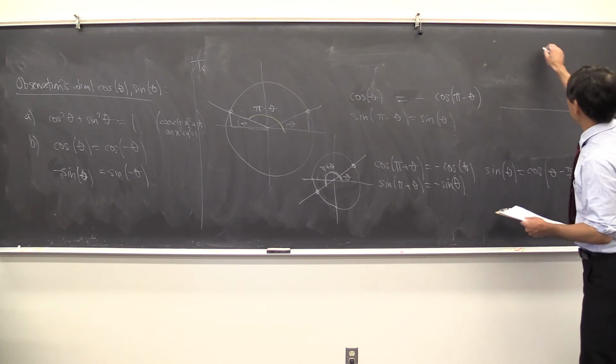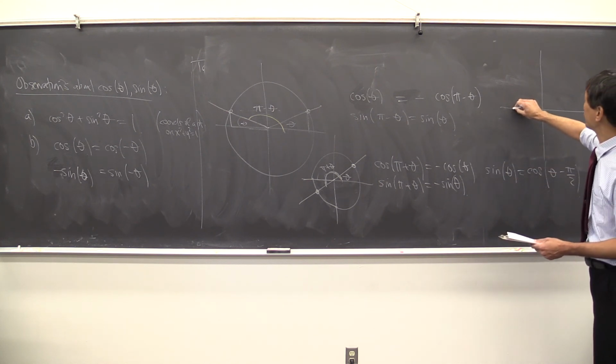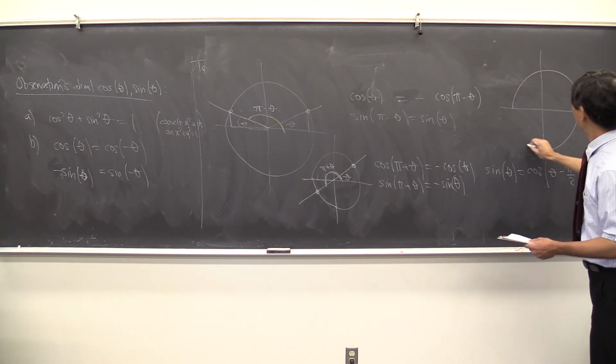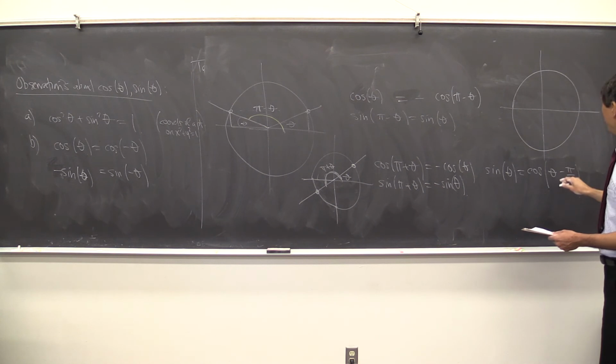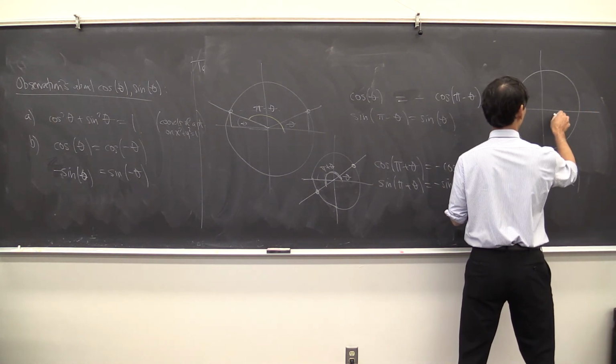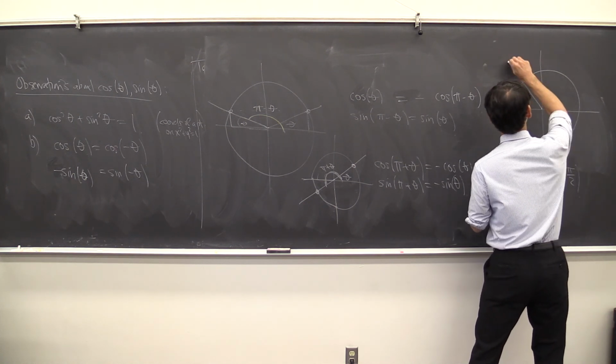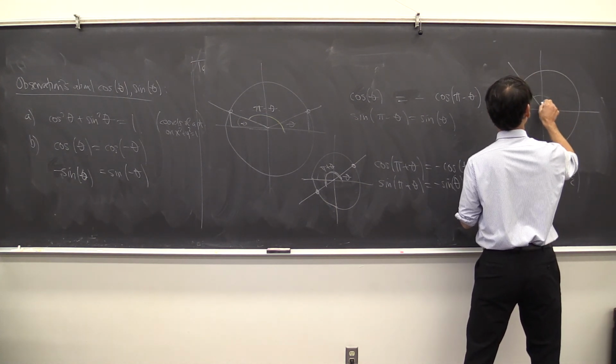And let's look at this one, which we figured out graphically, and see if we can think of it from the point of view of the definitions. Okay, if we look at an angle, let's say theta. I'm going to draw it conveniently.